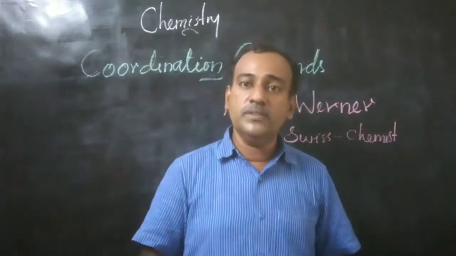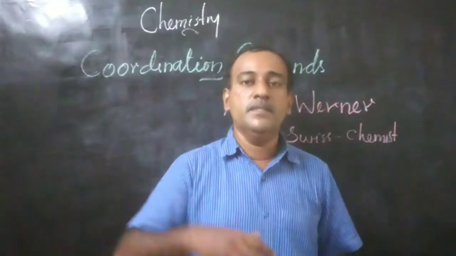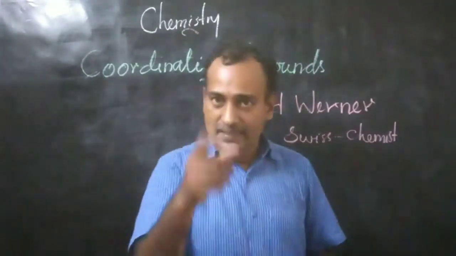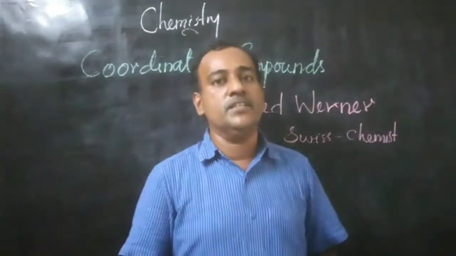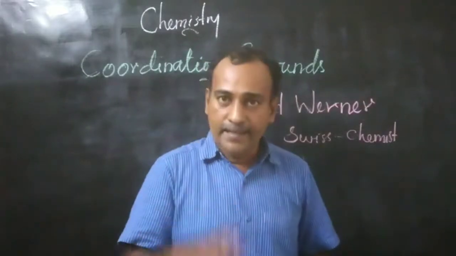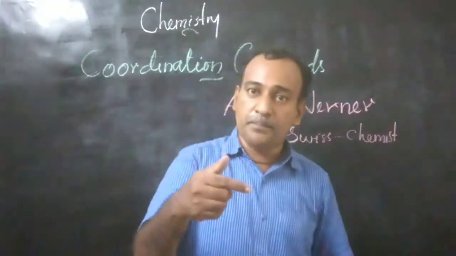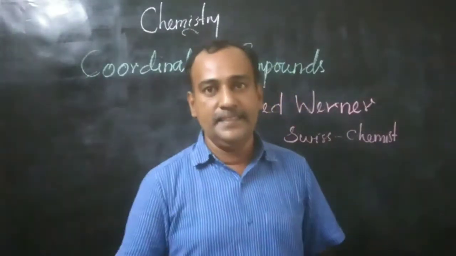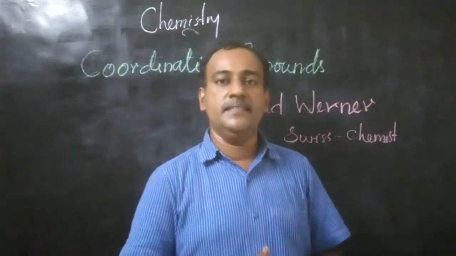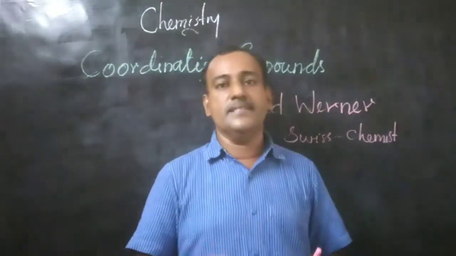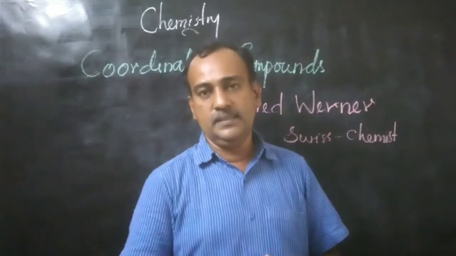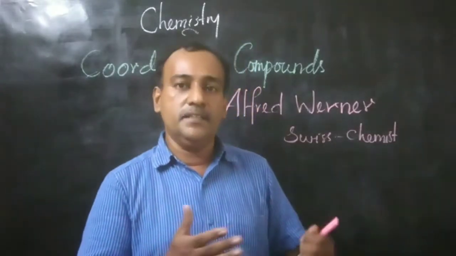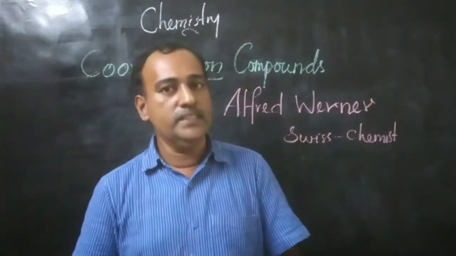Instead, it produces the properties of some new ion. Otherwise, in a coordination compound in aqueous solution, some of the ions present in it lose their identity. Some new ions are formed. This is the difference between double salt and coordination compound.